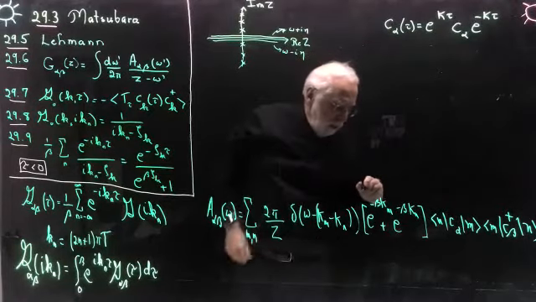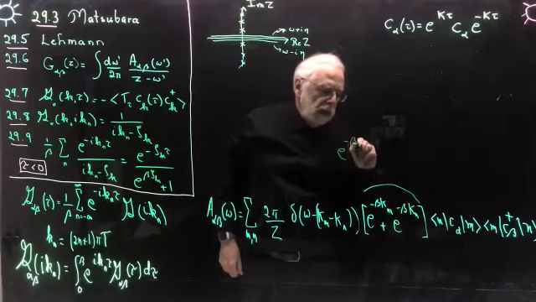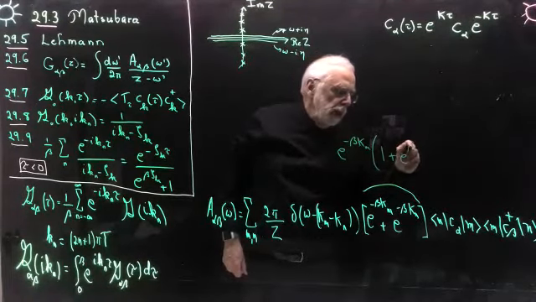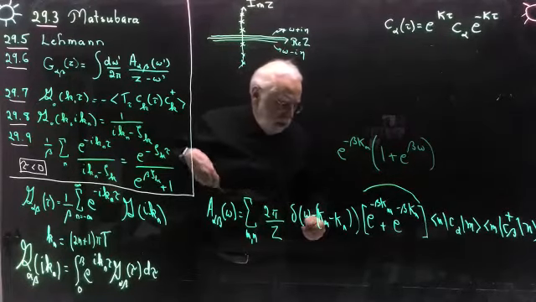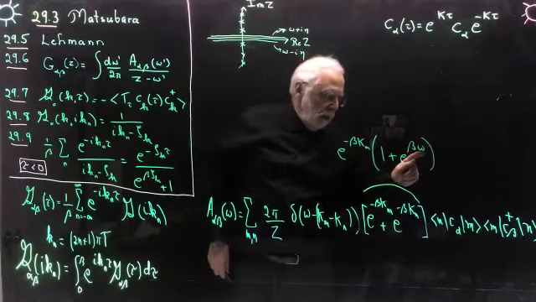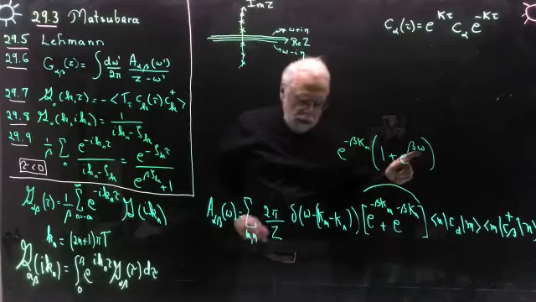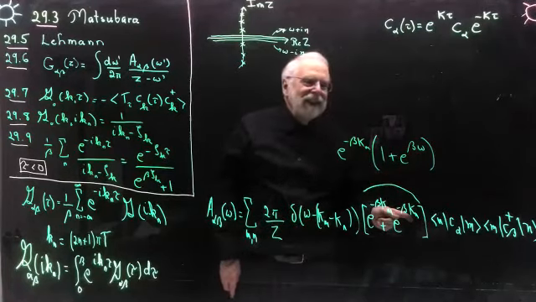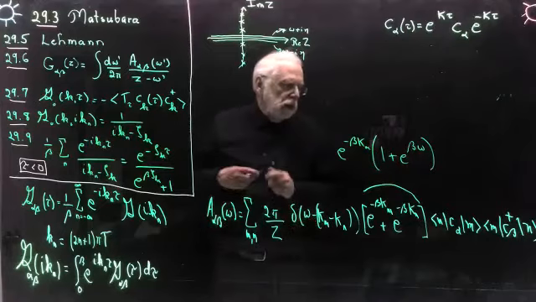So take this term here and rewrite it as e to the minus beta k_m times 1 plus exponential of beta omega. Omega is k_m minus k_n. So when I replace omega by k_m minus k_n, I get rid of this and I'm left with k_m. So this can be written like this because of the delta function.